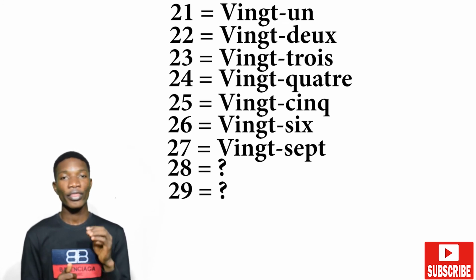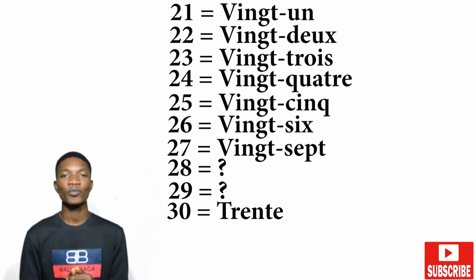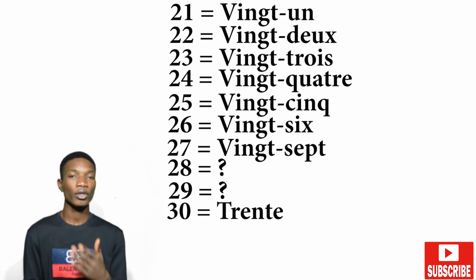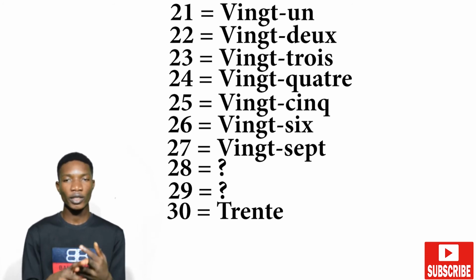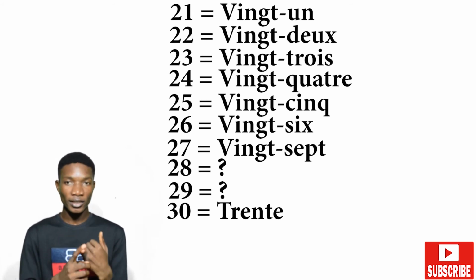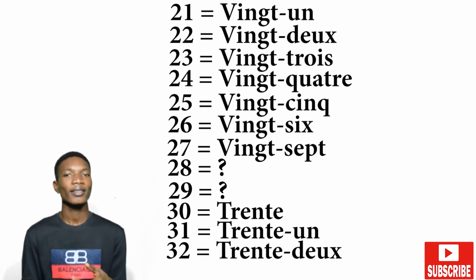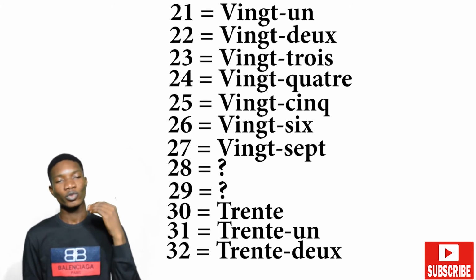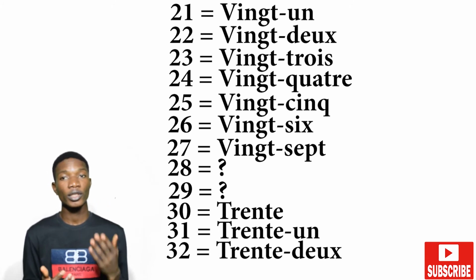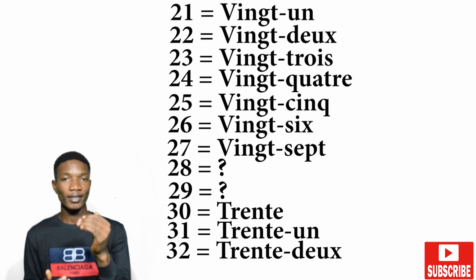So now for 30. 30 is trente. It's the same thing, just like 21, 22, 23. You will have 31, 32, 33, 34, 35, and so on until you reach 39.